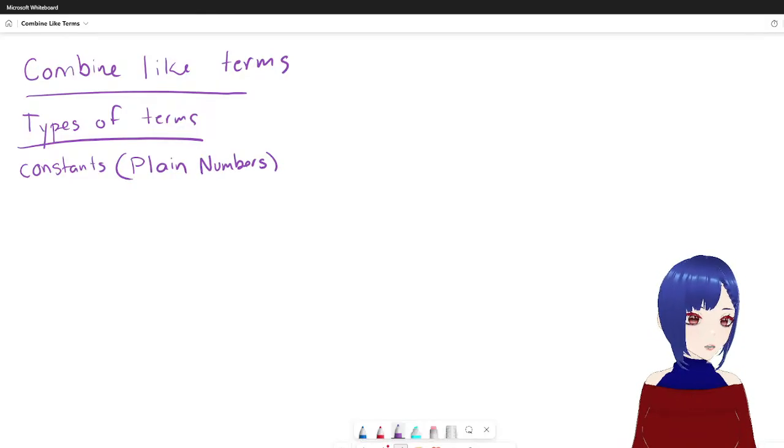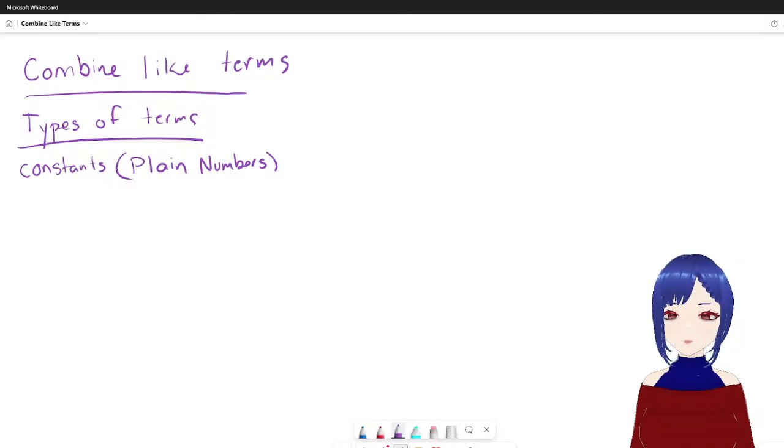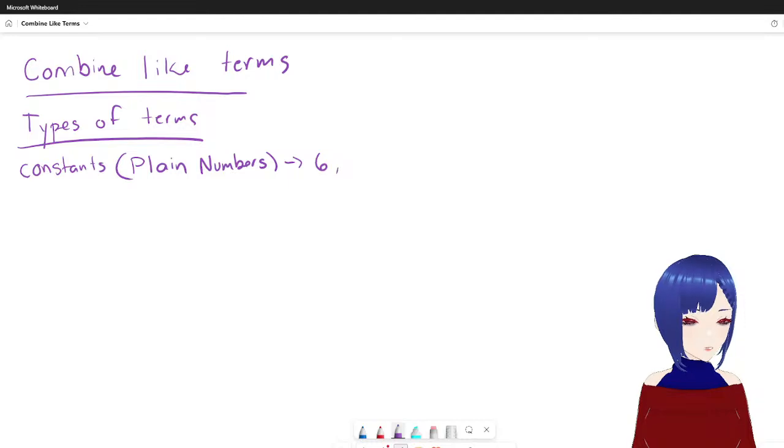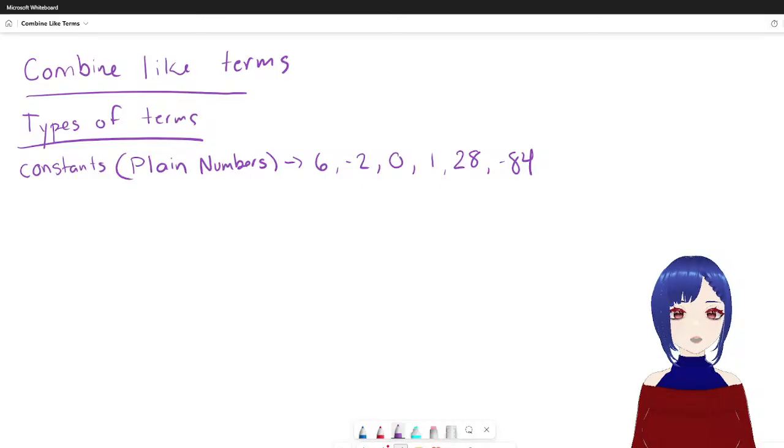I think calling them plain numbers just makes more sense to students because they're plain normal numbers, what you're used to. So that's things like 6, -2, 0, 1, 28, -84, those types of things. So those are our plain numbers, our constants. You can work with them normally.